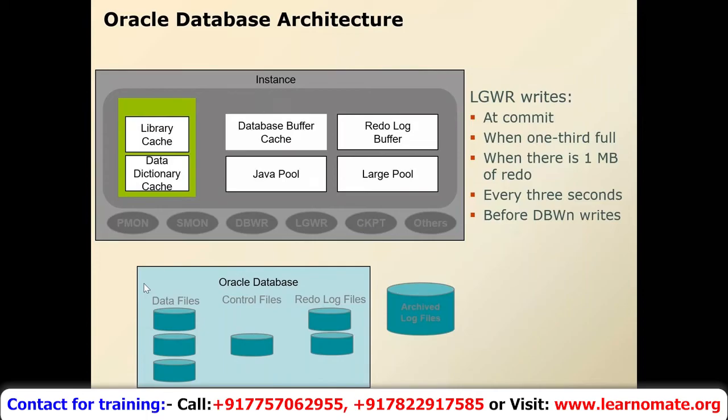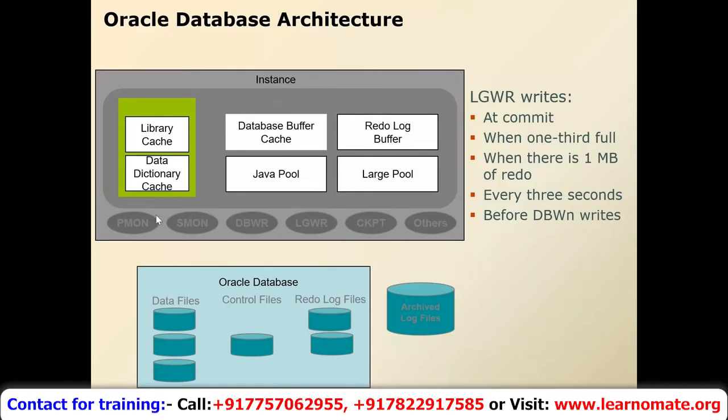When you do that, you get the output on your screen. From where do you get that output? You get the output from these data files. Data files are the files where the actual data is stored.